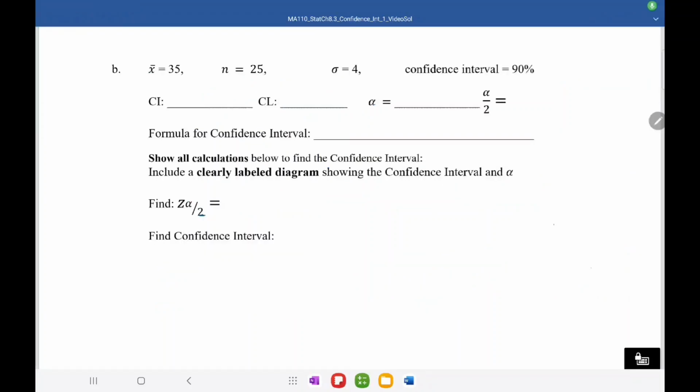Now this is part B of question number 3, which is also about finding the confidence interval, but they have given us a different percentage to use, and some of the data points given to us are also different. Now, I went through a rather detailed explanation in the previous question of how to find the confidence interval.